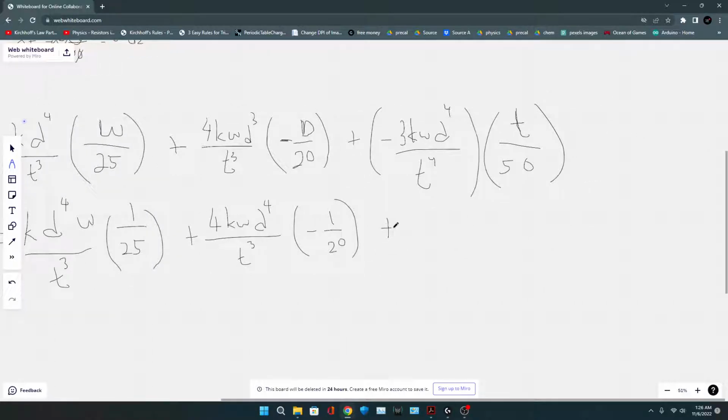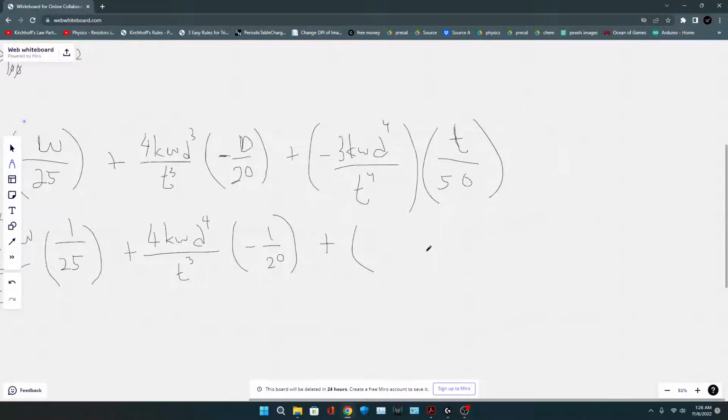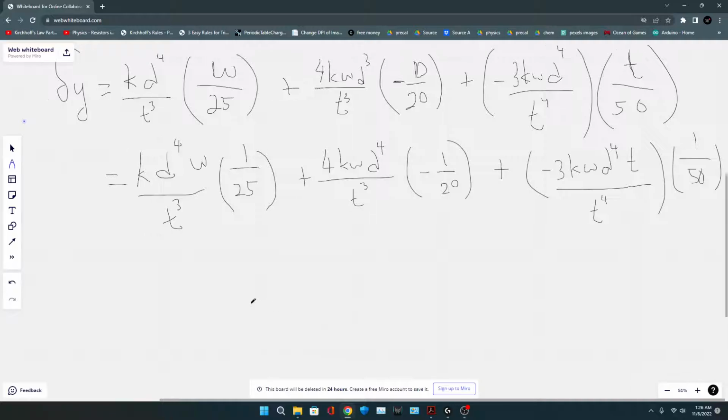Okay, plus with, okay, kalau macam ni, T kena bawa keluar, so negative 3 KW D to the power of 4, and then T bawa keluar letak sini lah. Ni T, okay, so dalam dia akan jadi 1 over 50. T bawa keluar, so nanti dia kat sini akan jadi 1 over 50.